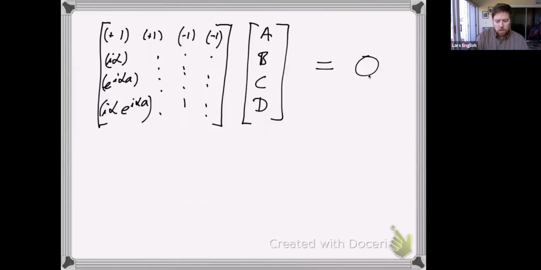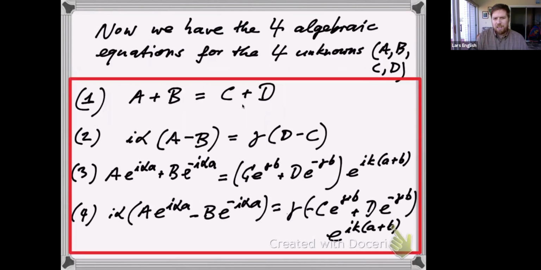And if you look at that again here, that's just our first equation: A plus B minus C minus D is equal to 0.